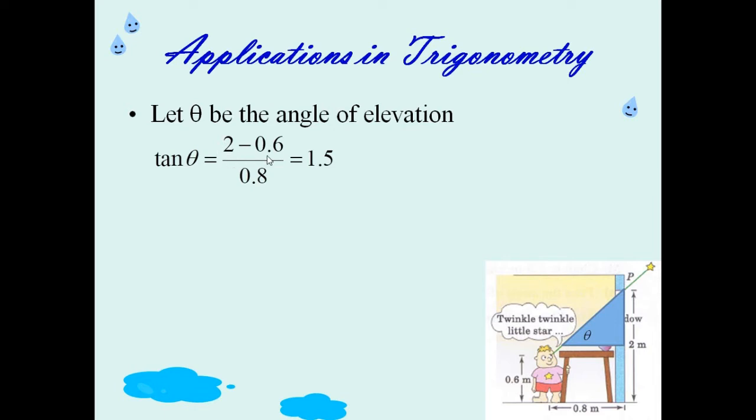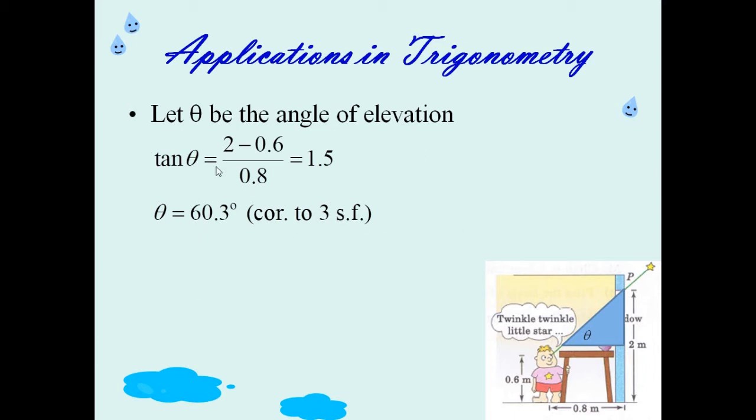So you have the opposite side divided by the adjacent side. Opposite divided by adjacent is equal to tangent theta. By calculation, this is equal to 1.5. Then press your calculator, you will get theta equal to 60.3 degrees, correct to 3 significant figures.